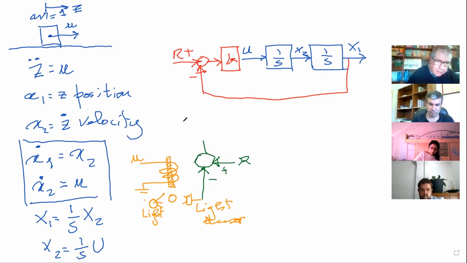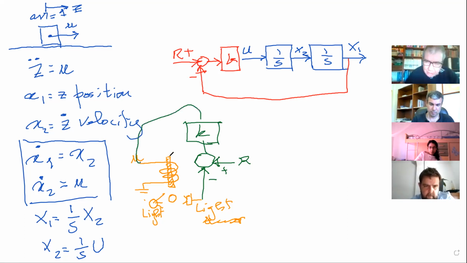So I have here some K. And I have some electronics, probably some power electronics here, a power amplifier to give me enough current so that I act on the force. You see, as simple as this.